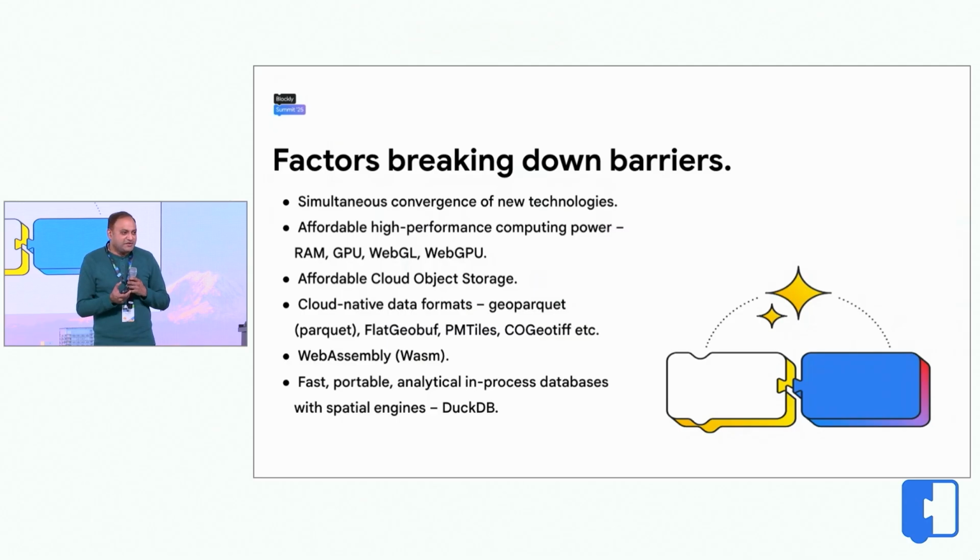Also, geospatial analysis tends to be very data heavy. So with cheap cloud object storage, you can organize your geospatial data in the cloud. And since it's in the cloud, scalability is not an issue. Along with this, cloud-native data formats like GeoParquet and PMTiles allow us to stream bits of geospatial data without having to download the entire data sets.